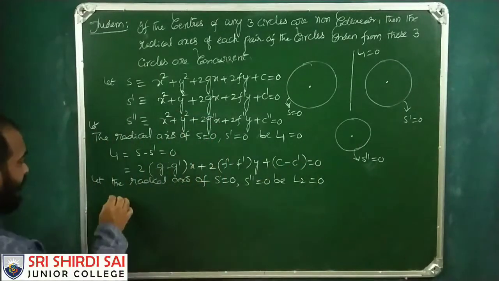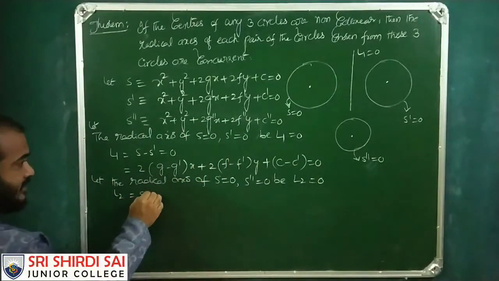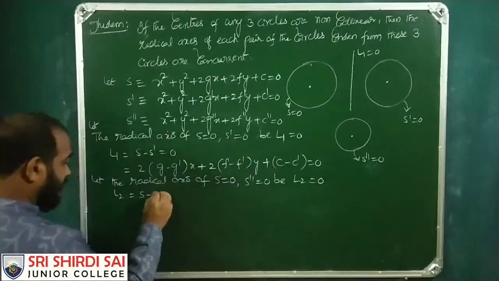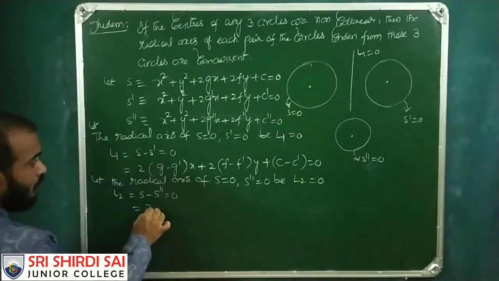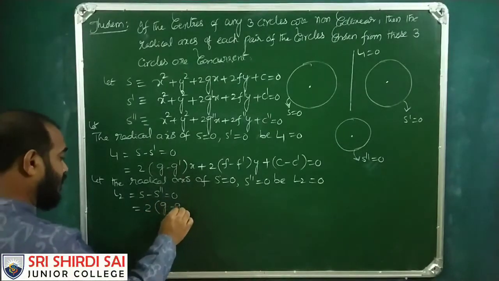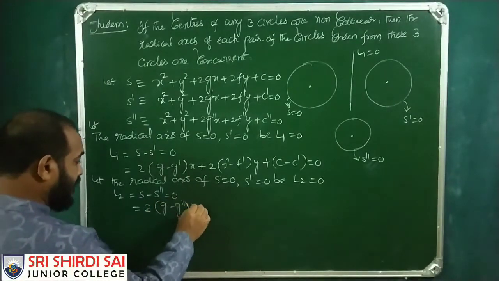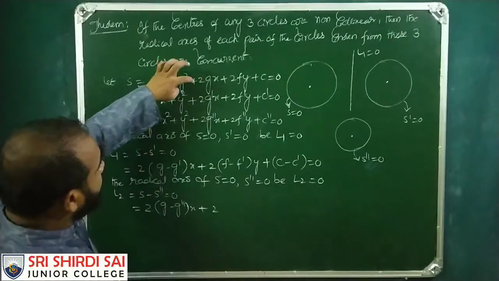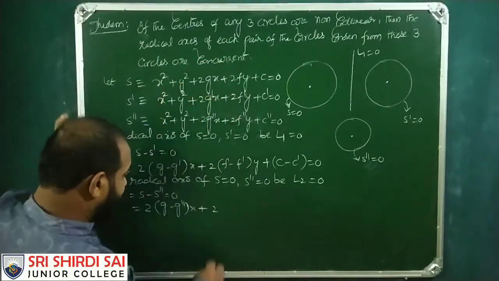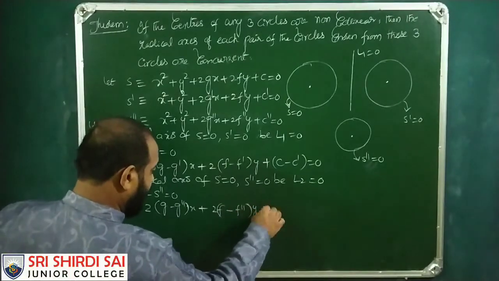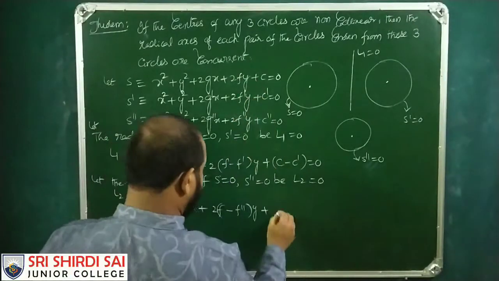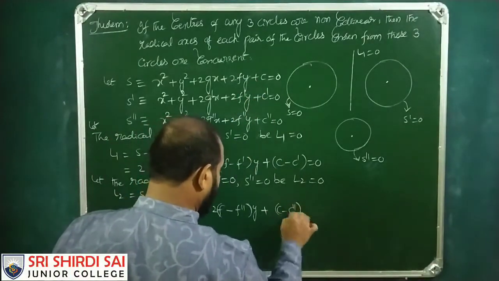That means L2 is equals to S minus S double dash equals to 0. That is equals to 2 into g minus g double dash x plus 2 into f minus f double dash y plus c minus c double dash equals to 0.